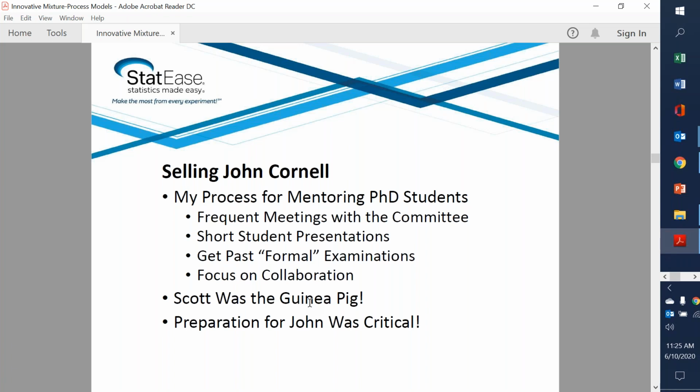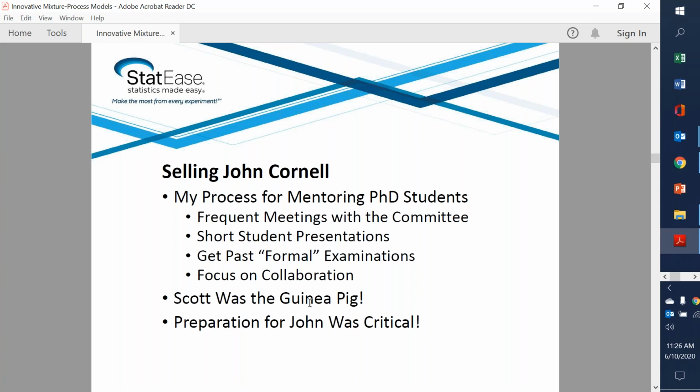It may sound like more work to have 1 meeting a semester instead of 2 meetings over 3 years, but they find that it's short, everybody understands what's going on, and they can see how their concerns and questions are incorporated in the research as it evolves. So the focus is on collaboration, and the thing is to get past formal examinations.